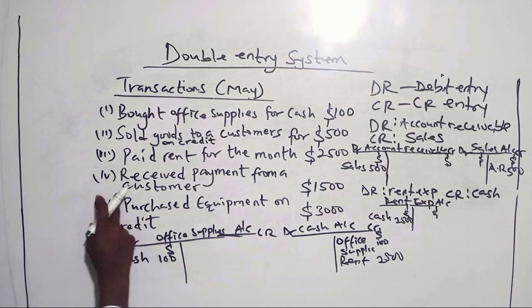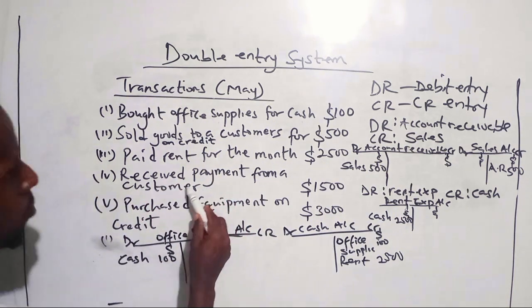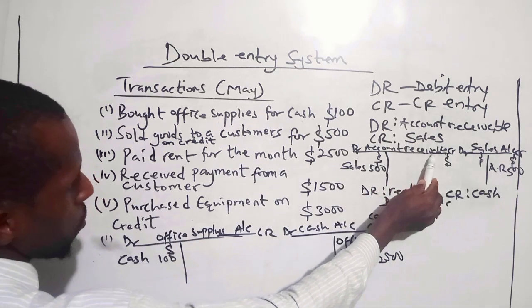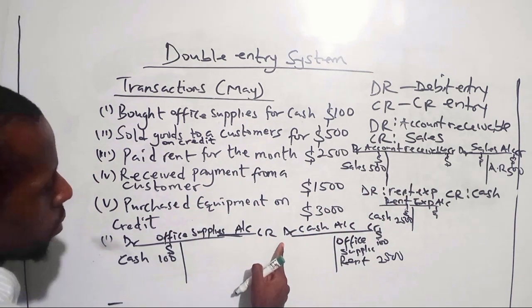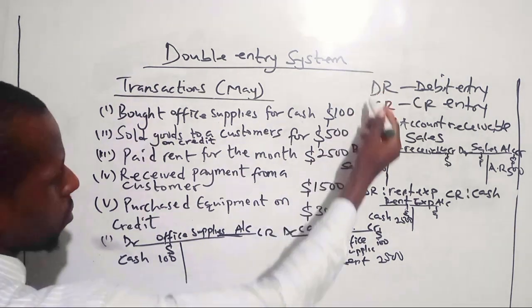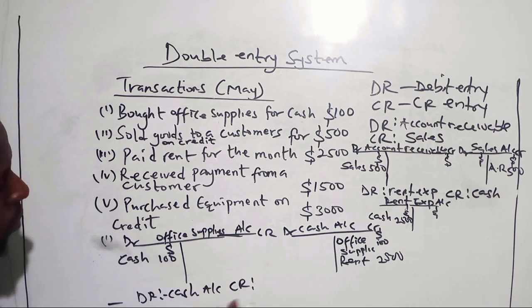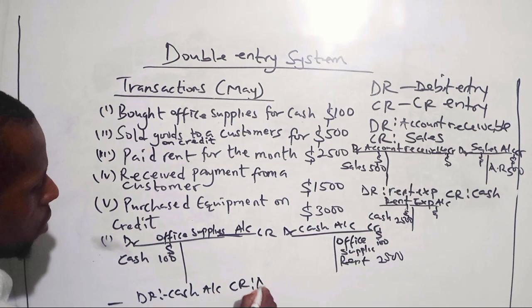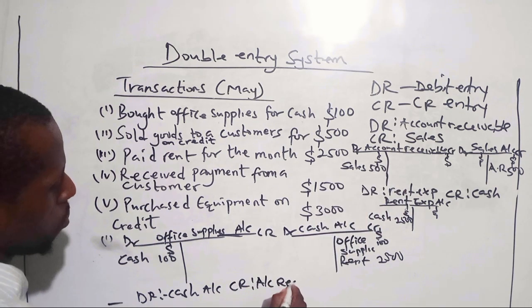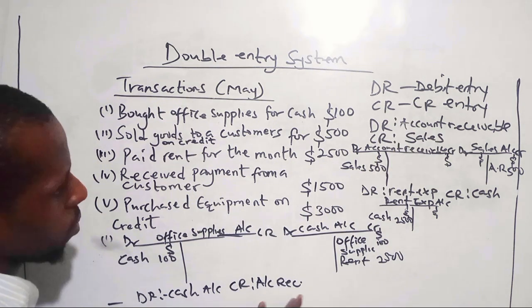For the fourth transaction, we receive payment from a customer. The customer who has been owing us, which is accounts receivable, pays, so the payment is coming into our cash account. We debit the cash account and we credit accounts receivable.